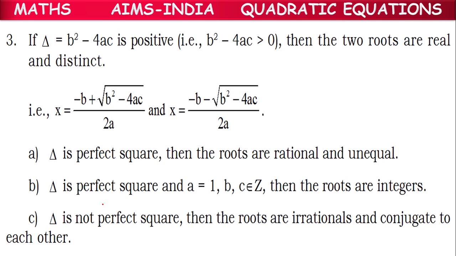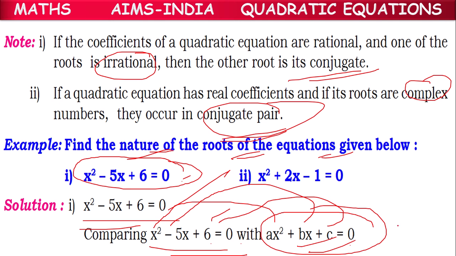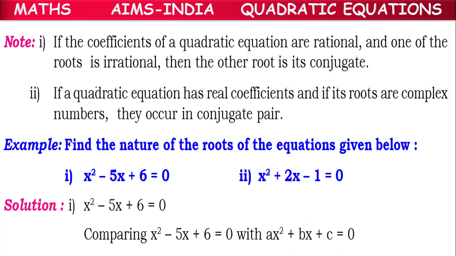If it is a perfect square and the denominator a value is 1, roots are integers. If delta is not a perfect square, roots are irrational and form a conjugate pair. Means when the roots are imaginary or irrational, they will form a conjugate pair.